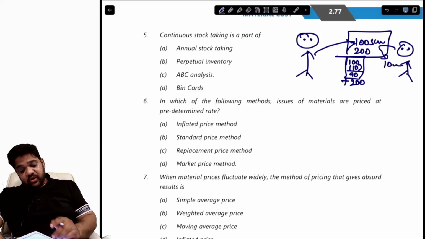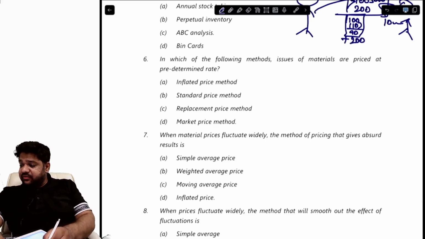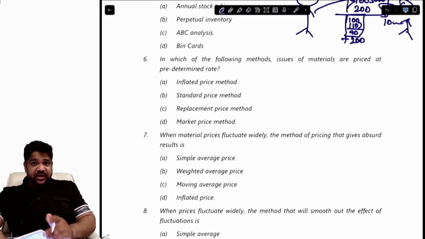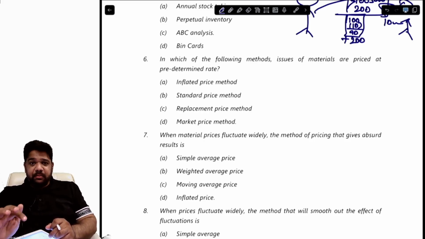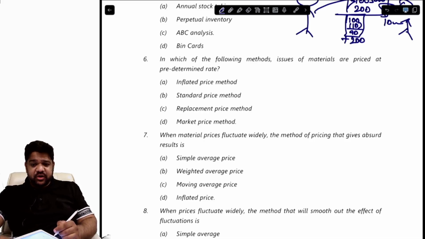Okay, now sixth one, it says, in which of the following methods are issues of material priced at a predetermined rate? Let's just hypothetically say you know nothing about it and you're going to take a punt. Inflated price method, will that be at a predetermined price? No, it cannot be, because an inflated price will have to have some inflation coming in, and only then you will be able to charge it, right?